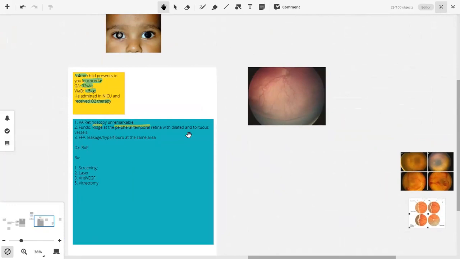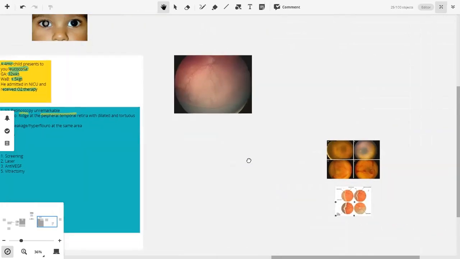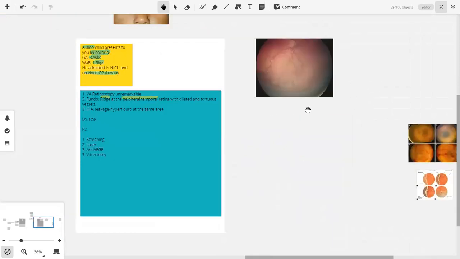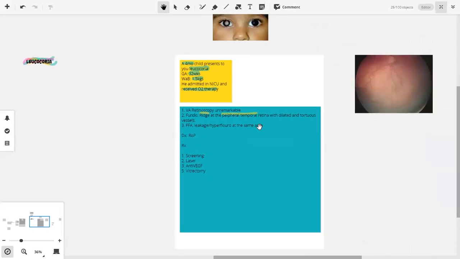On fundoscopic examination using the indirect ophthalmoscope, you will see vascular ridges, demarcations, then ridges, then fibrovascular proliferations, and detachments. These are according to this class stages of retinopathy of prematurity, the 5 stages we've discussed.